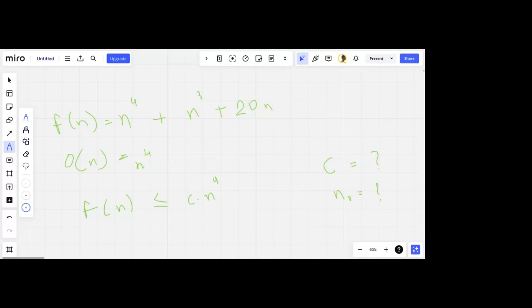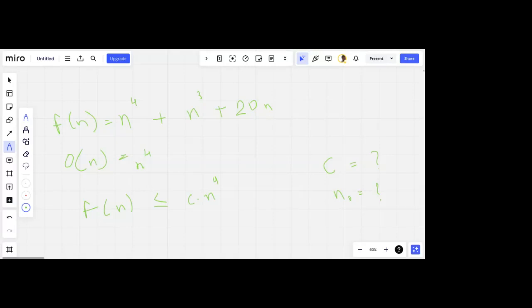Guys, come on. What will be the values here? C equal to 1, n equal to 0.